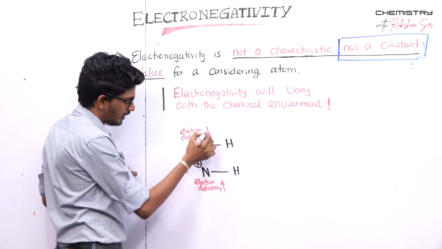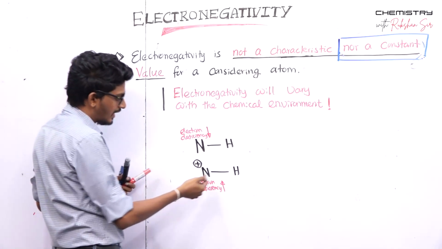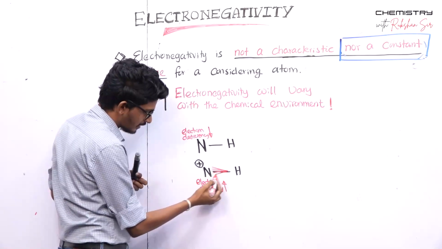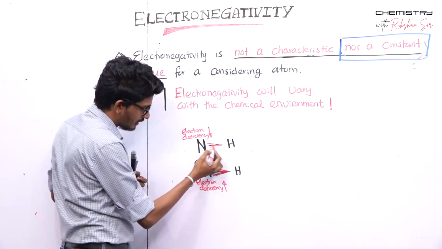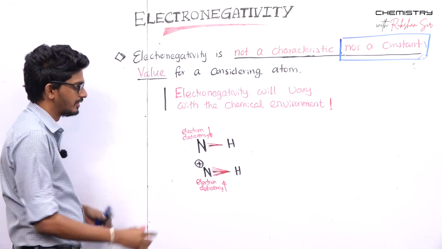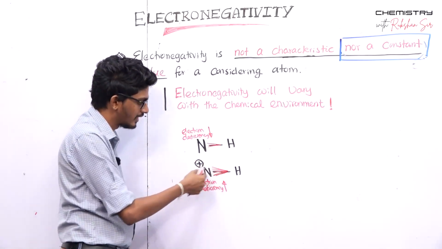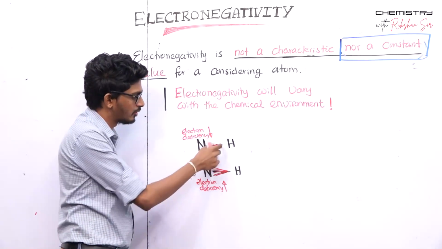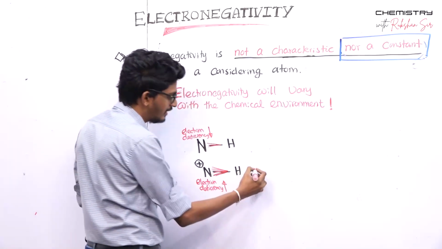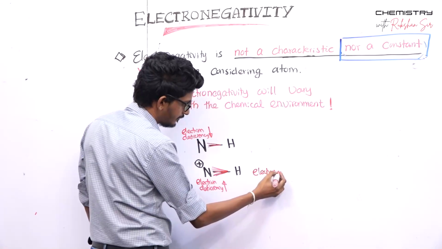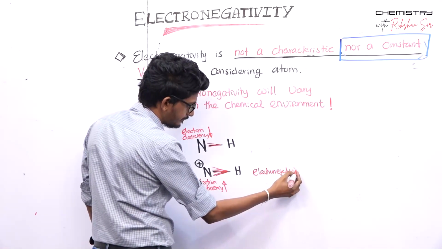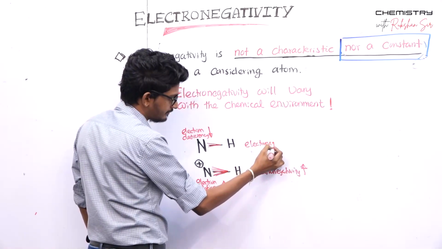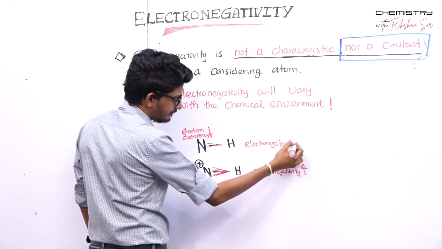This one tends to attract the electron cloud more towards that atom, because the greater electron deficiency means it attracts the electron density of this N-H bond greatly compared to this one. That means the electronegativity here is higher than the electronegativity here.